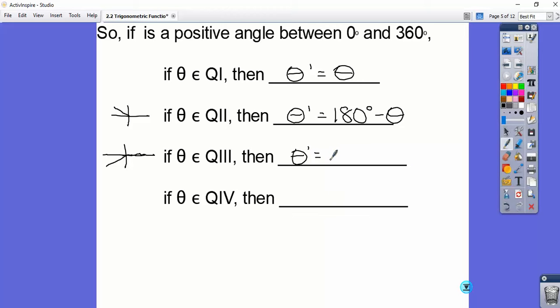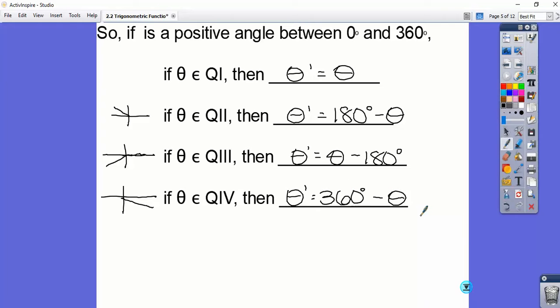If I gave you like 225, what would you do? Right, your angle minus 180. And if you are in quadrant 4, what do you do? If I said like 300 degrees, 360 minus your angle.